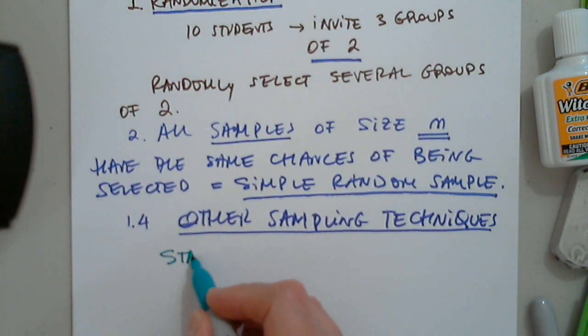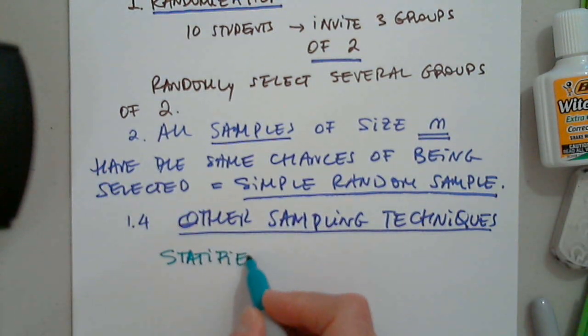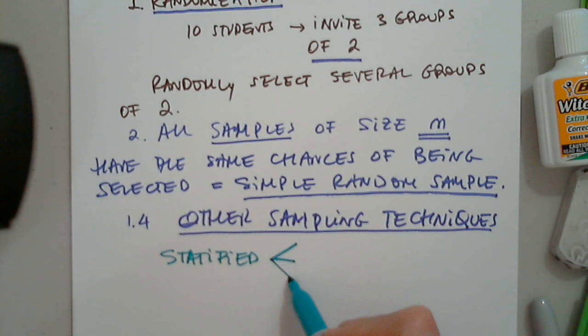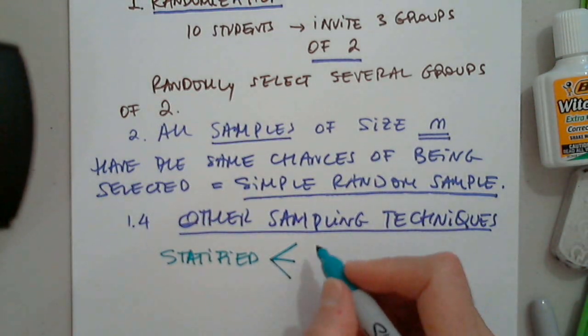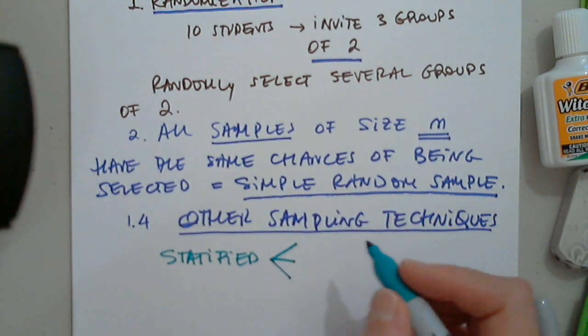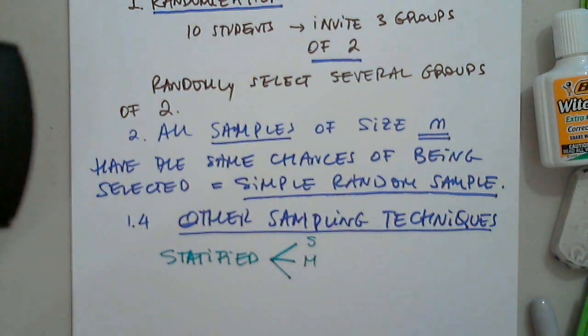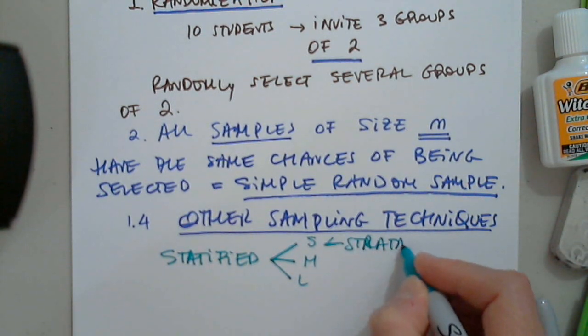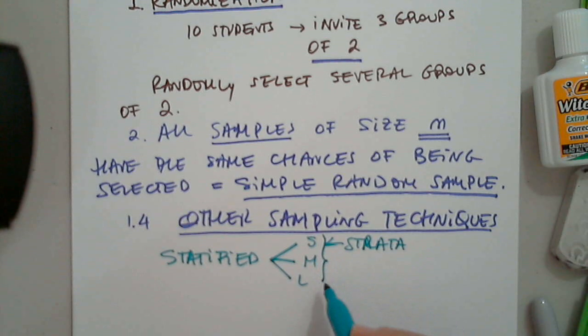One is called stratified. For example, let's say we all fit into one of 3 categories: small size, medium, and large. Let's say everyone in the population fits these 3 categories. These are what we call strata. Each is a stratum, right?